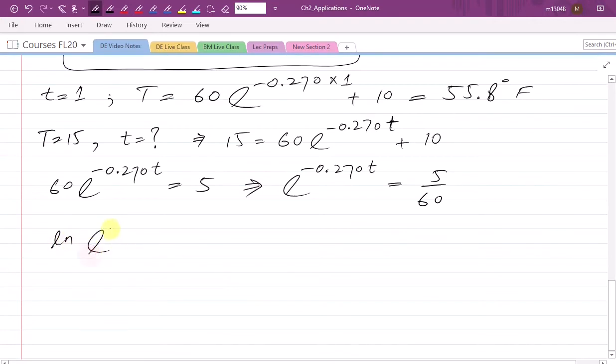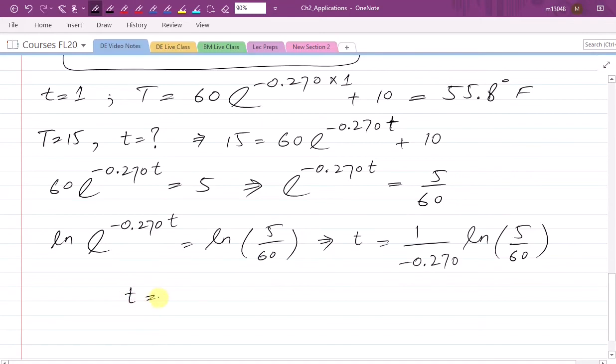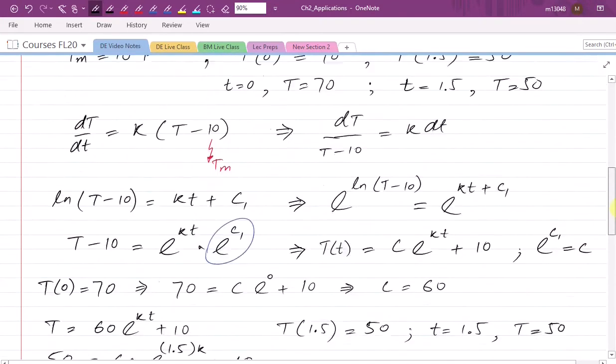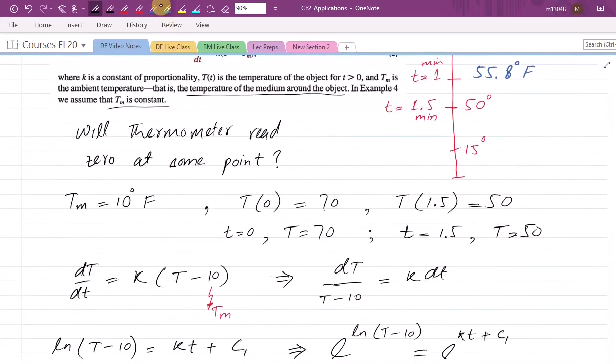Log of e power minus 0.270 t equals log of 5 by 60, and using a calculator this tells us 9.2 minutes. So it took 9.2 minutes to reach 15 degrees.